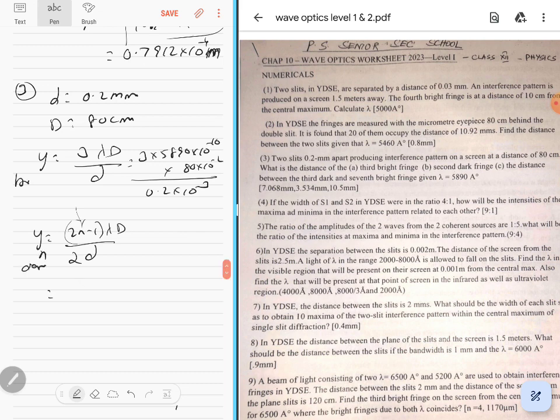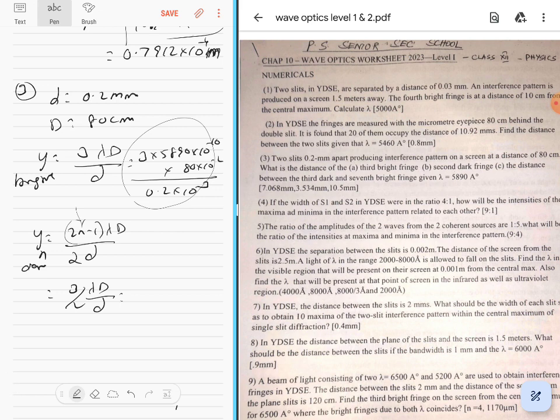This is the bright fringe formula, n into lambda into capital D by small d. So 2 times 2 is 4, 4 minus 1 is 3, by 2 into lambda into capital D by small d. If you had calculated the earlier value, you can just divide it by 2. That will give you that value.